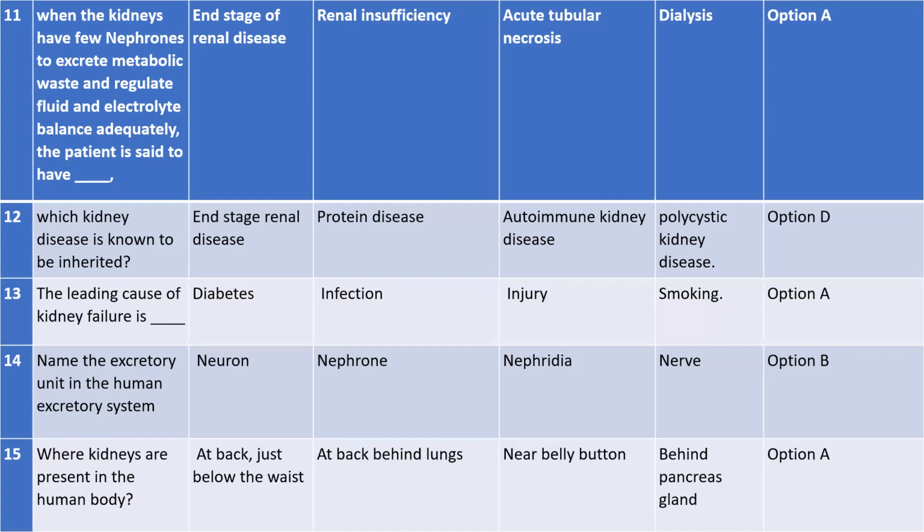Yes or no? No, ma'am. Then where do we see our two kidneys in the body? At the back, just below the waist. So which option will you choose out of A, B, C, D? A. Yes, very good, option A.